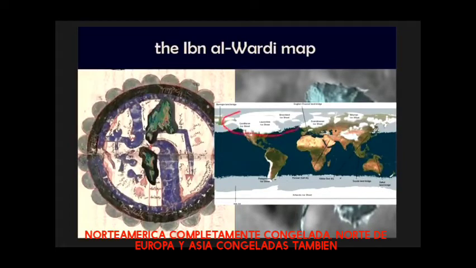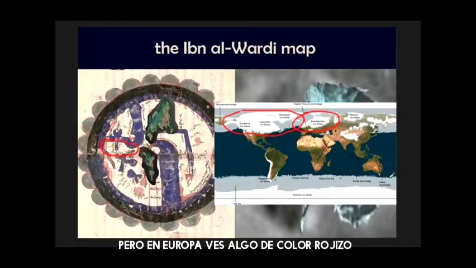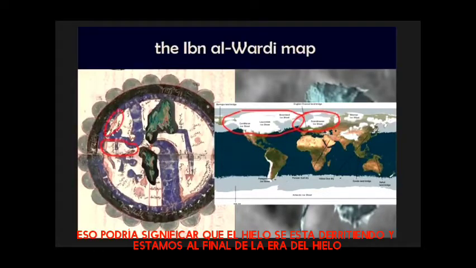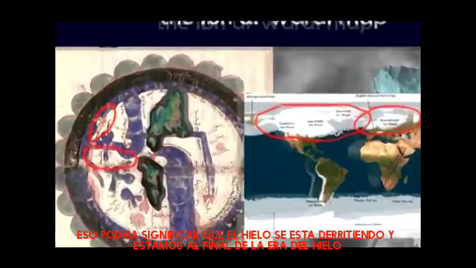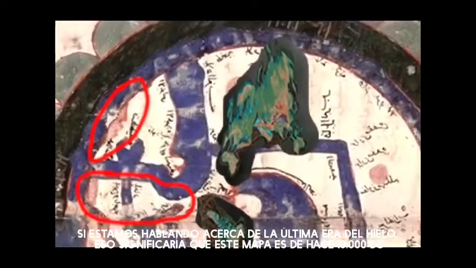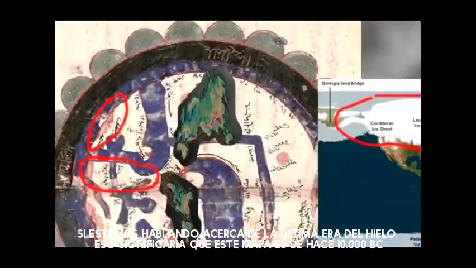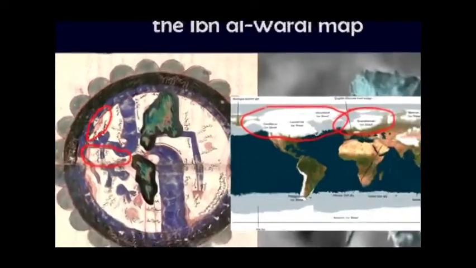North America completely frozen, Northern Europe and Asia frozen too, but in Europe you see some reddish color. That could mean that the ice is melting and we are at the end of the Ice Age. If we are talking about the last Ice Age, that would mean this map is from 10,000 BC.